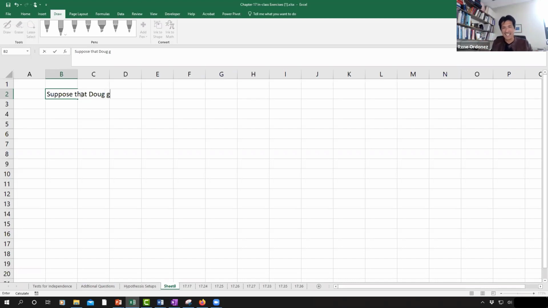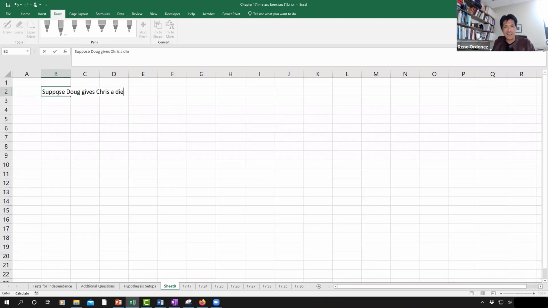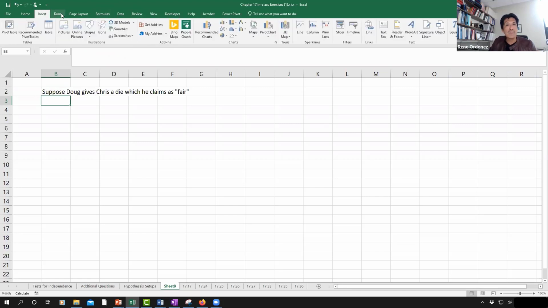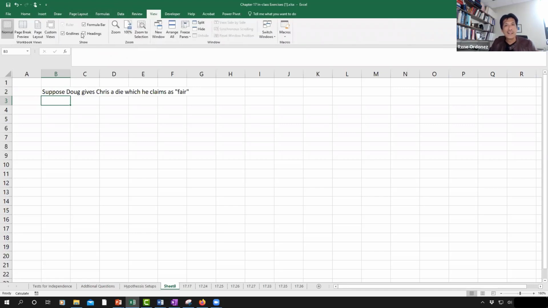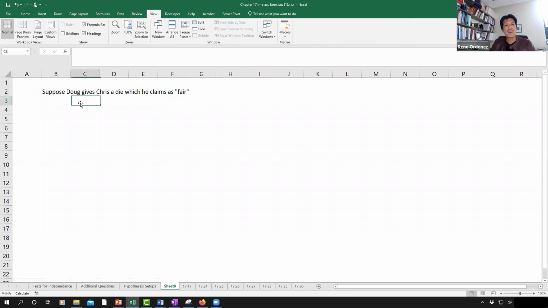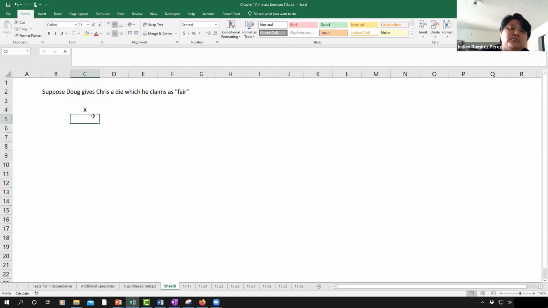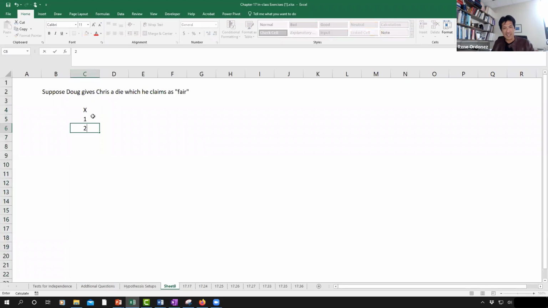Suppose that Doug gives Chris a die, which he claims is fair. What does the word fair really mean in terms of probabilities? If you have a die, how many sides does it have? Six, corresponding to the number of dots on each side.